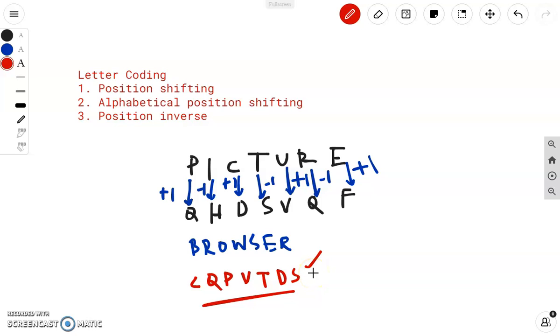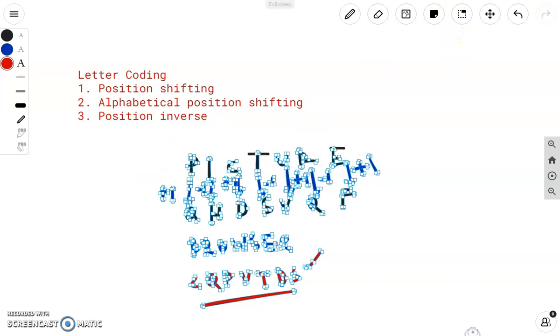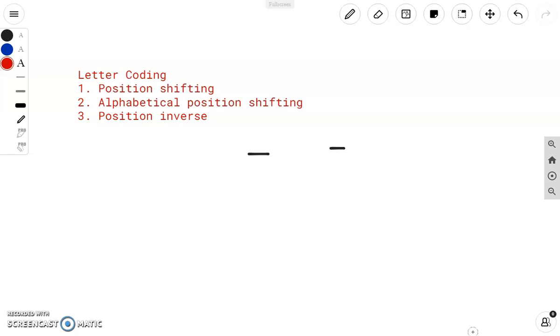And for position inverse, you have to know the rule of 27. If you know the rule of 27, this is very easy. They have given you a question: in a certain code, bat is written as YZG.